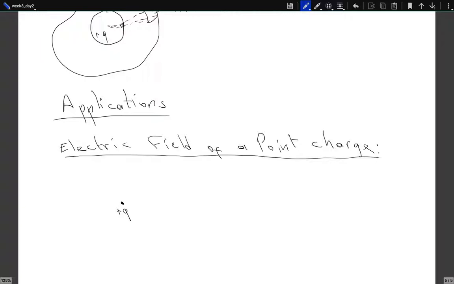Well, if the charge distribution does not change when I just rotate my system, then the electric field should not change either. So any transformation that doesn't change my charge distribution should also leave my electric field invariant. If I rotate my system around this point, the electric field should not change.